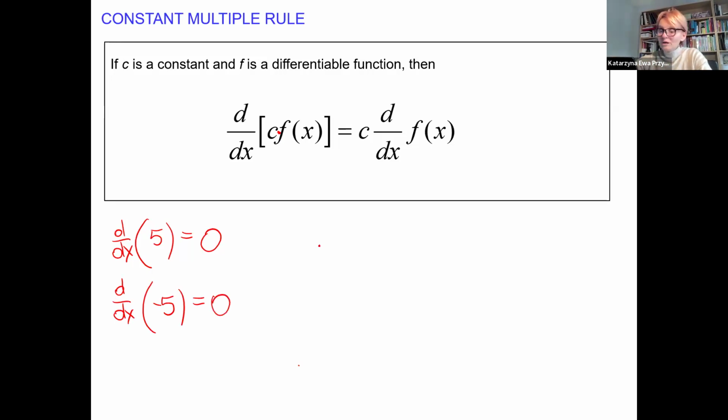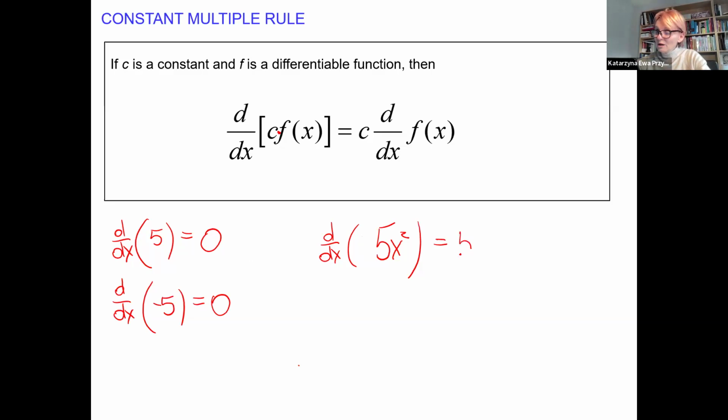But now, when we have the derivative with respect to x of, let's say, 5x squared, this is different, because that's not really a constant. It's a constant multiplying a function.